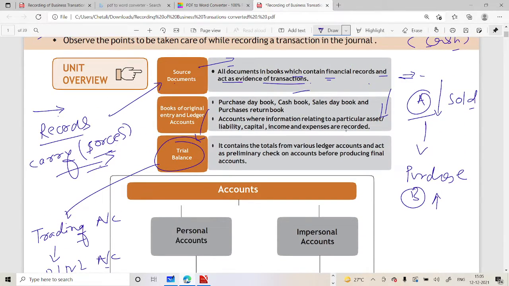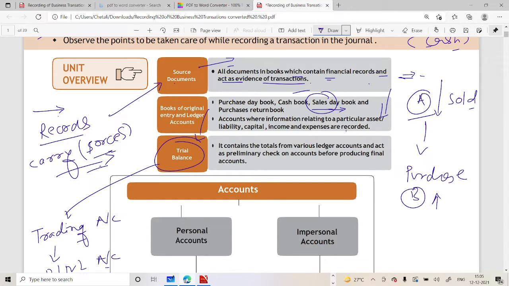Most of the time you would have seen this question in your interview. If you record any trades or transactions or any entry incorrectly in the books of account, suppose this happened with the sales, you recorded the sales entry incorrectly in the sales book.